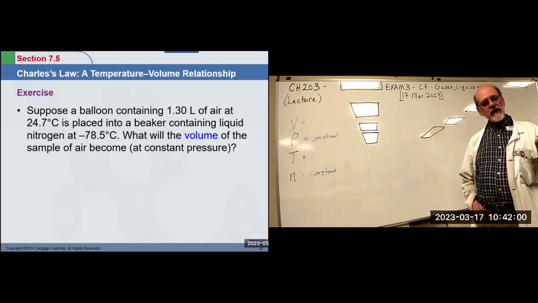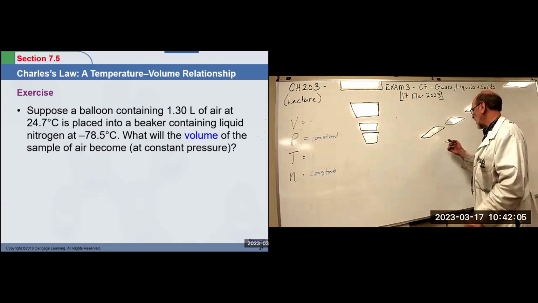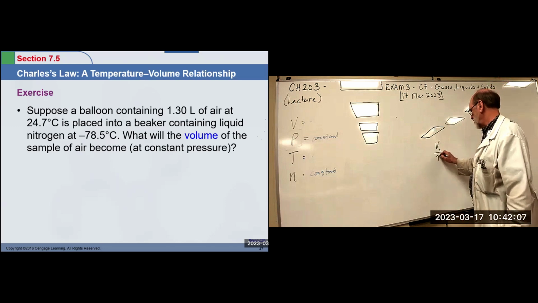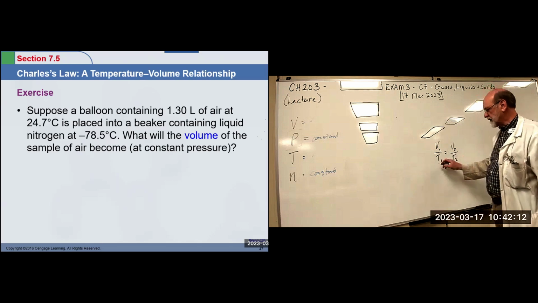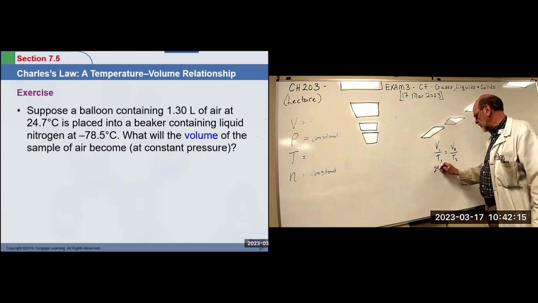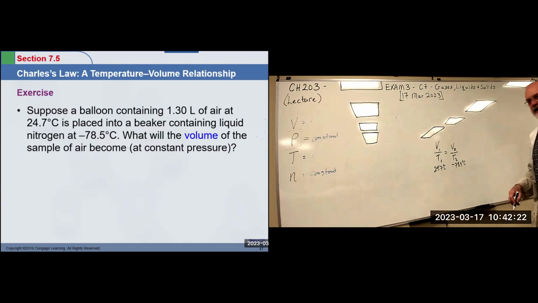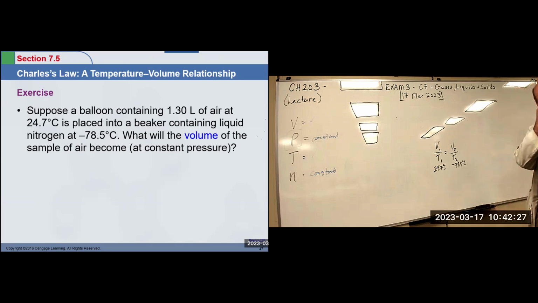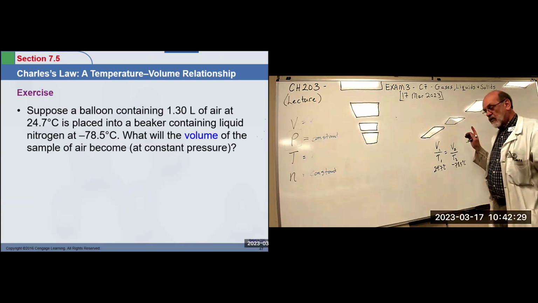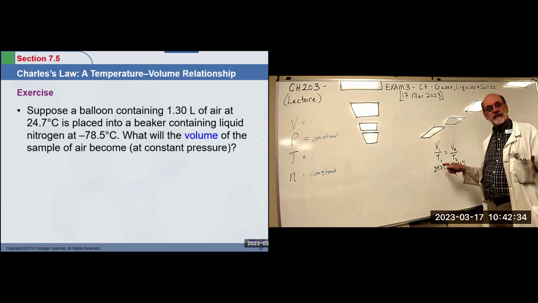But here we have that negative temperature, right? If you put negative temperature into this equation, if this one is 24.7 degrees C, and this one is negative 78.5 degrees C, you're going to come out with a negative answer, right? You can't have a negative volume. So when we're dealing with gas equations, you've got to change your temperature to Kelvin.